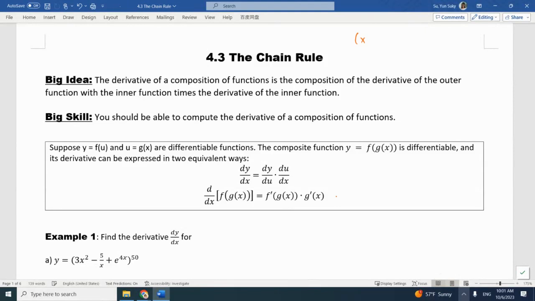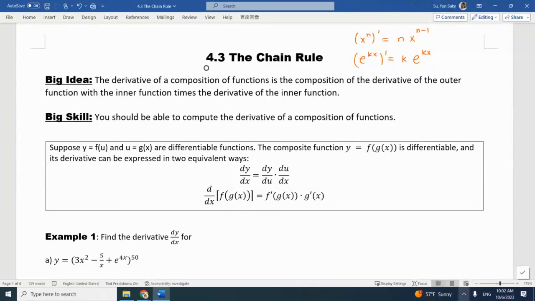The first one, we have the power rule, right? The derivative of x to the n is n times x to the n minus 1. And we also have the exponential function e to the kx. We bring the k, the constant coefficient of x in the exponent, down in front, and then e to the kx.